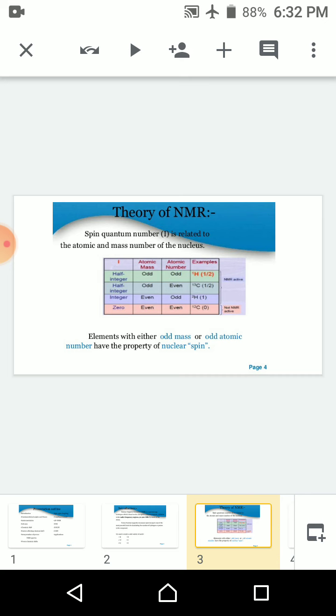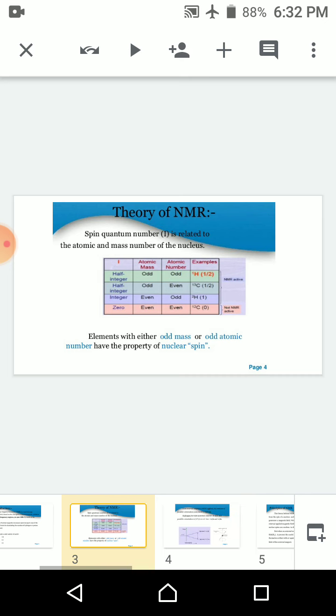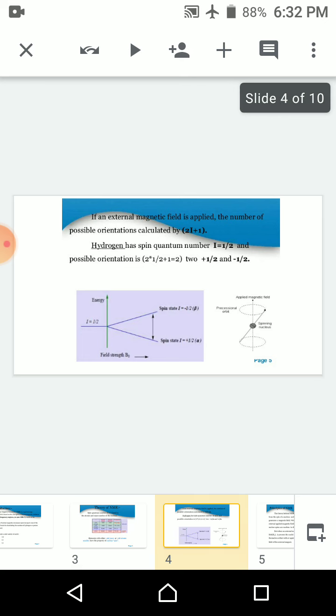If the atomic mass is even and atomic number is even, then the value of I is 0, not NMR active. It means if the spin quantum number is 0, then no NMR signal is available and it will not be present anytime.